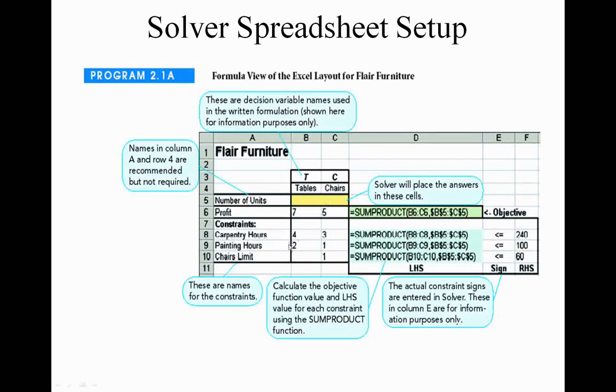Now look at the painting. Painting again depends upon how many tables and chairs you produce times the unit consumption rate. So that is the same SUMPRODUCT. Now look at the reference of the cells here. This is common for both of these, as well as for the profit. That's why you see them prefixed with a $ sign, meaning that this is an absolute reference.